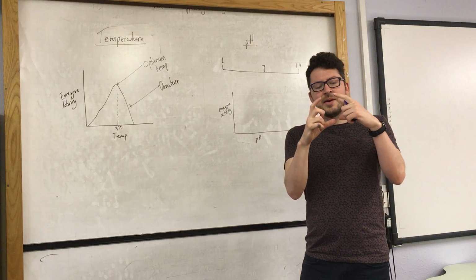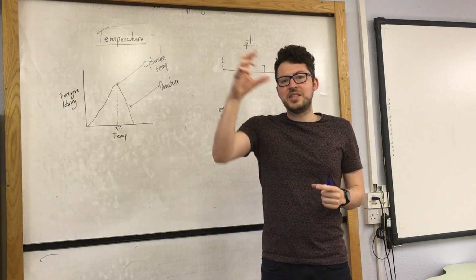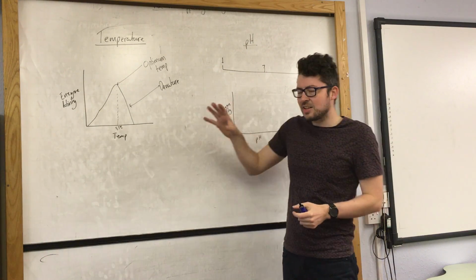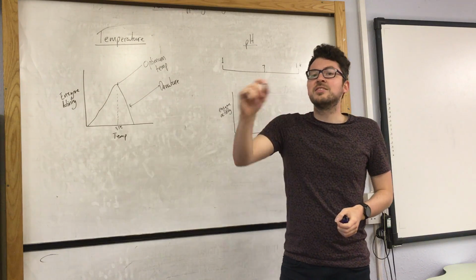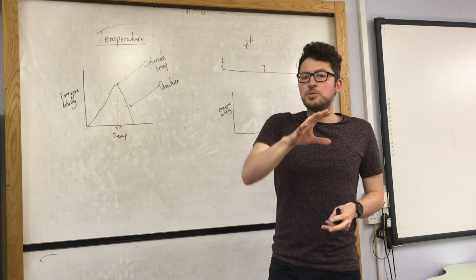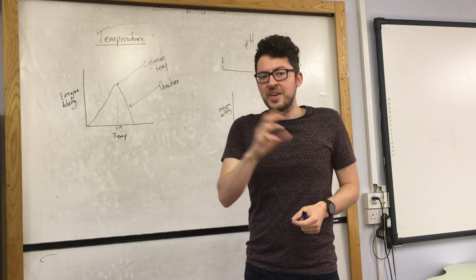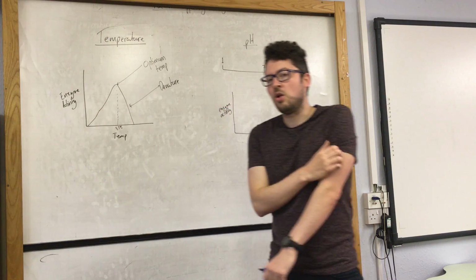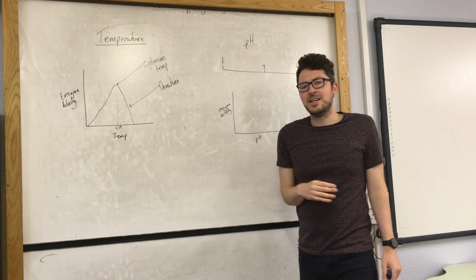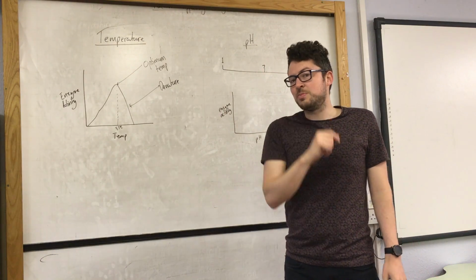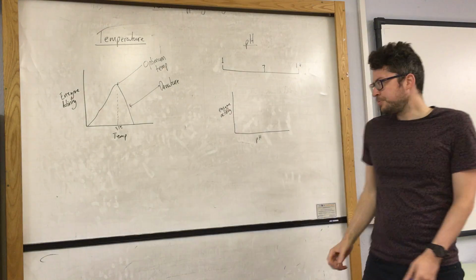We know that the enzyme has to be a specific shape to fit its substrate. So if the enzyme denatures, the active site will change shape, and the substrate, the molecule it's catalyzing, can no longer fit, therefore the reaction will no longer happen.